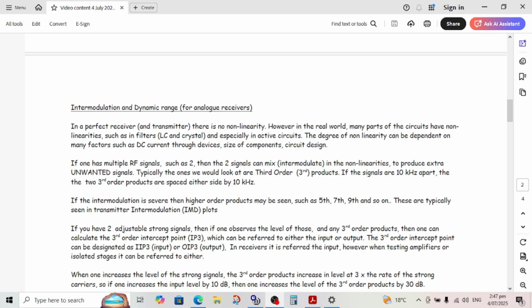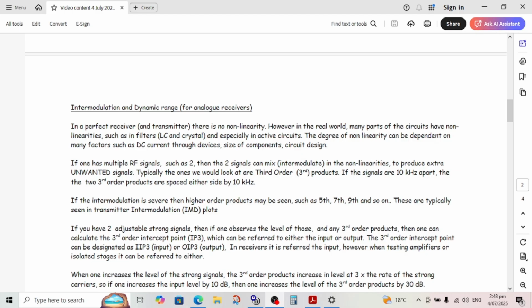If you have two adjustable strong signals and you know the levels, then you can measure something called the third order intercept point. This is calculated from measurements, and in receivers it is referred to the input. However, in separate modules you can refer it to the input or the output stage.